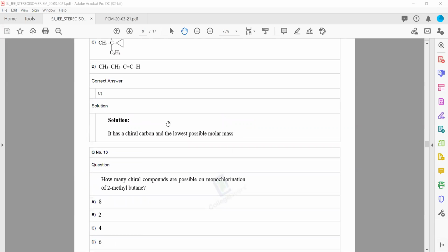Next, how many chiral compounds are possible on monochlorination of 2-methyl butane? Have you understood this question?